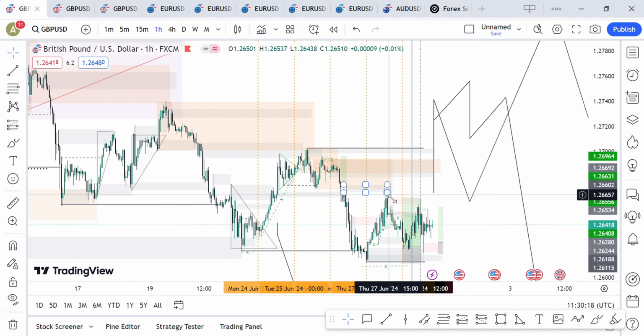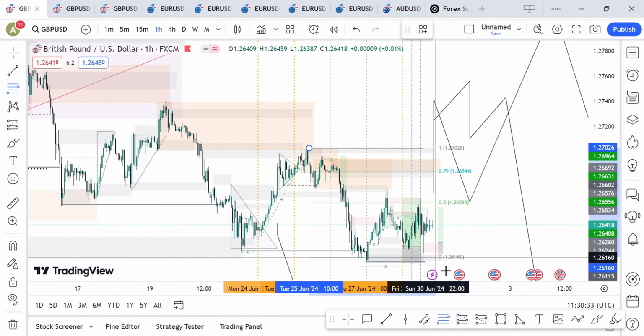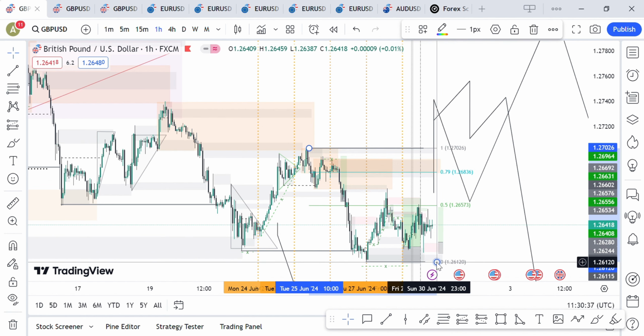So with this pullback to this point, I think on Thursday, to this point, we have already come up and above the 50 equilibrium point of Fibonacci, and also we traded upwards to our premium section.